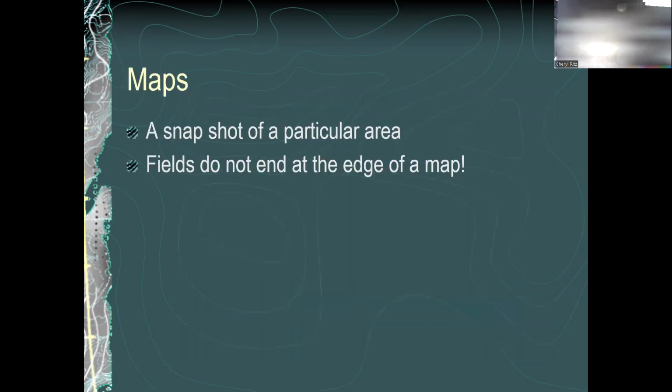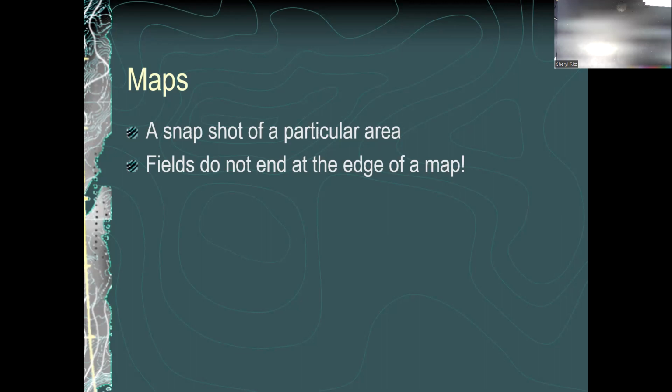But anyway, moving on. So what's a map? I always took for granted you knew what a map was, but maybe it needs to be elaborated. A map is a snapshot of a particular area. Basically, a map is a picture of whatever area you're speaking of.